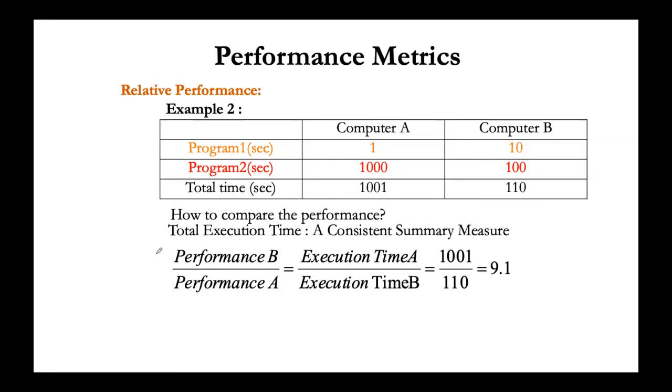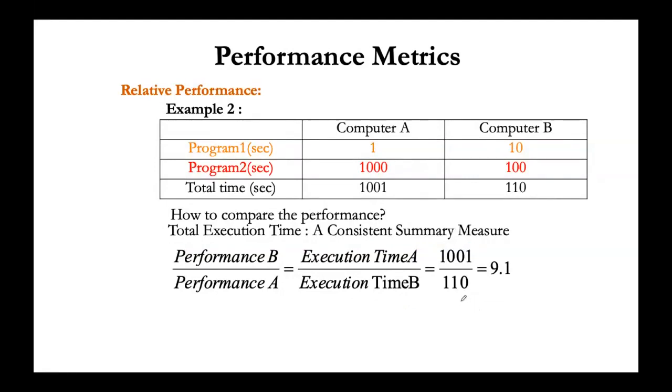From this example, the performance of your B divided by your performance of your A is equal to the execution time of your A divided by the execution time of B. So the execution time of A is 1001 and the execution time of B is 110. So what it means is, the execution time of A is 9.1 times the execution time of your B.